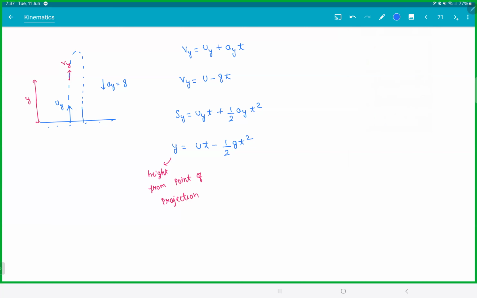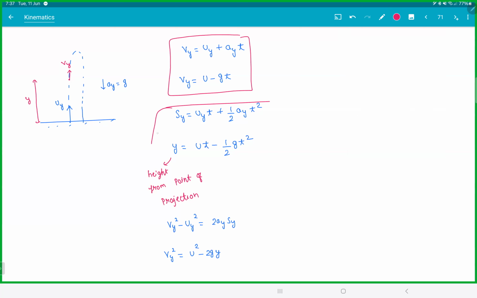The third equation is vy square minus uy square is 2 ay sy. This becomes vy square is equal to u square minus 2gy. There, this is what happens to your three equations. We are just writing the subscript y everywhere.